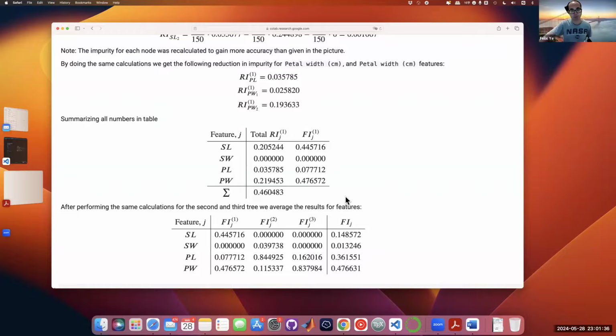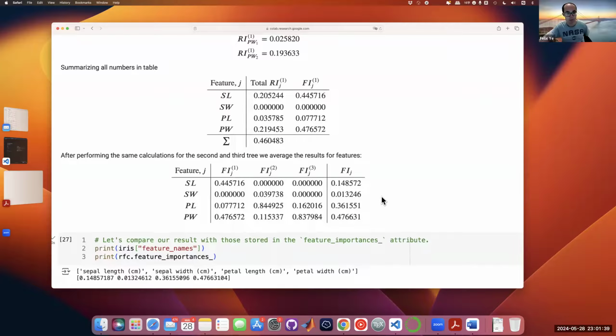Then you can do the similar calculation for the second and third trees, and average the results in total. If we average tree 1, tree 2, and tree 3 across the four features: sepal length, sepal width, petal length, and petal width, we find the most important feature is petal width, where the feature importance is 0.47.